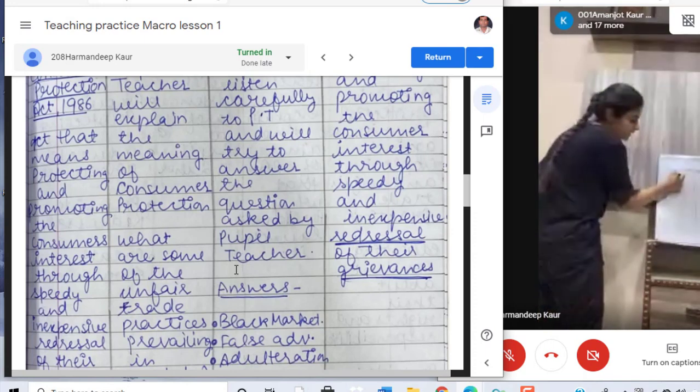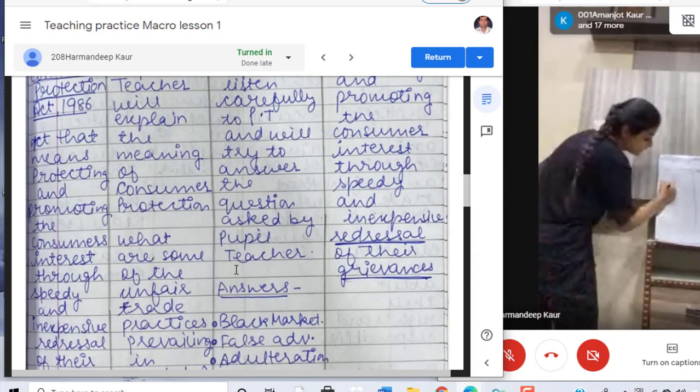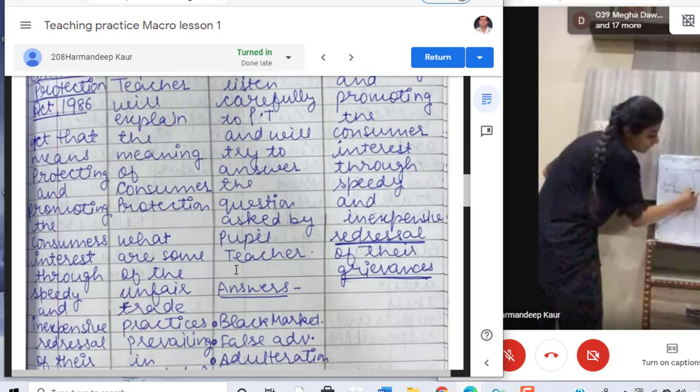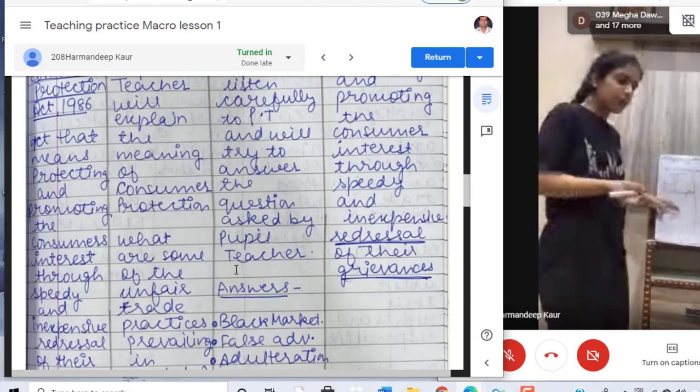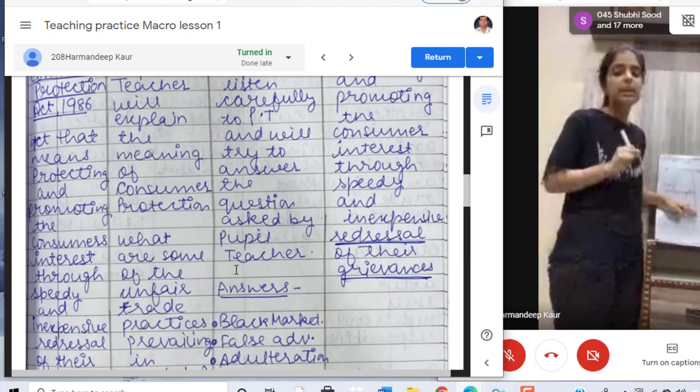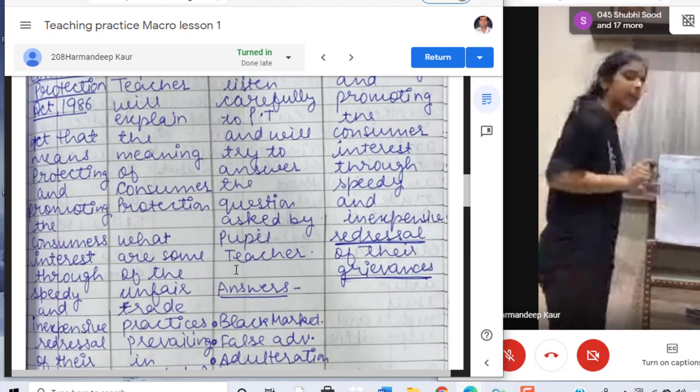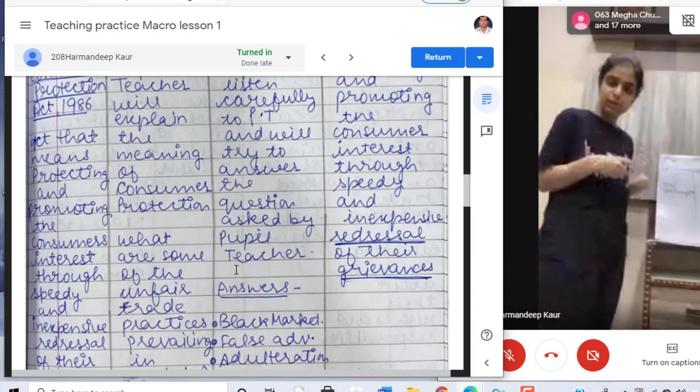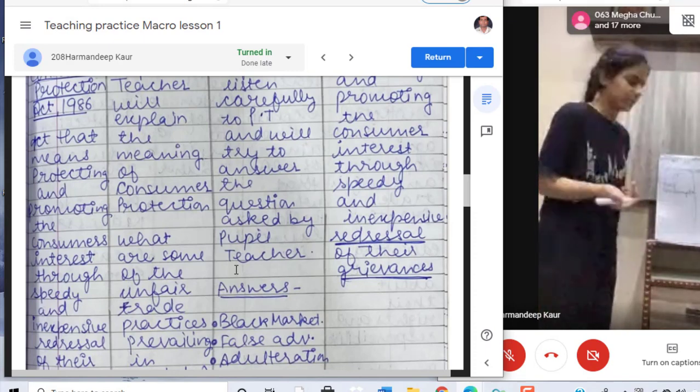So consumer is the one who buys for self-consumption. If your mother went to the shop to buy a product for you, she is a customer at that time, not a consumer. If you went to the shop to buy a product for yourself, you are a consumer.